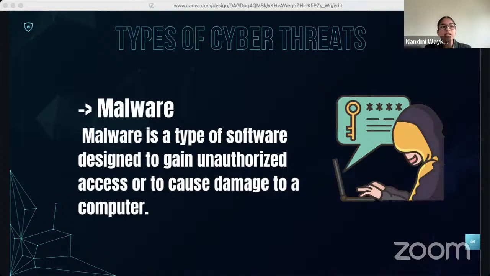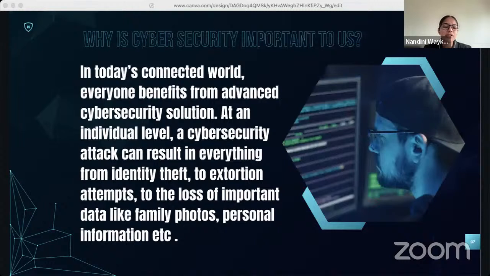Next, let's talk about why cybersecurity is important to us. In today's connected world, of course, cybersecurity and AI is very important to us. Everyone benefits from advanced cybersecurity solutions.